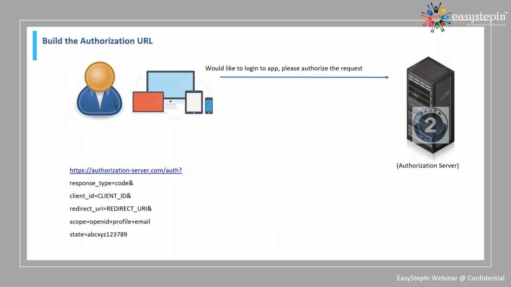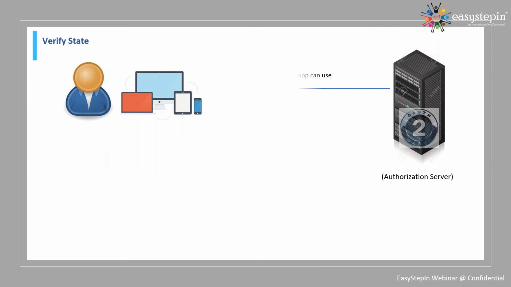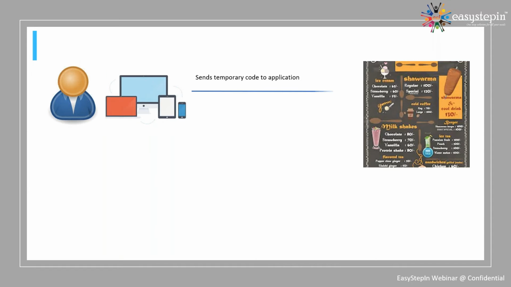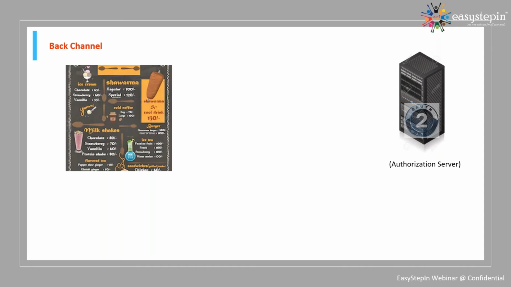A request is again sent to the authorization server, but here you can see the scope you're sending is openid, profile and email. Then it says the application wants your user profile information. Is that okay? When you click OK, a temporary code is again sent. And this temporary code is exchanged to the application server.